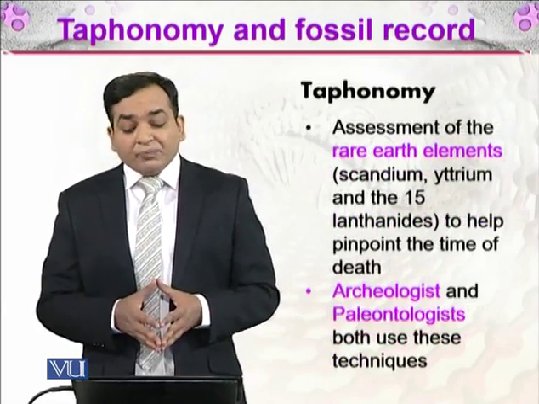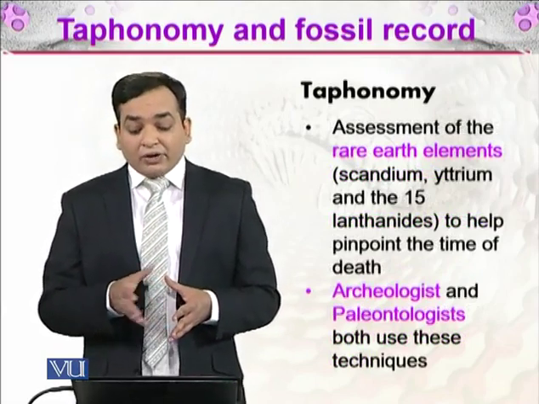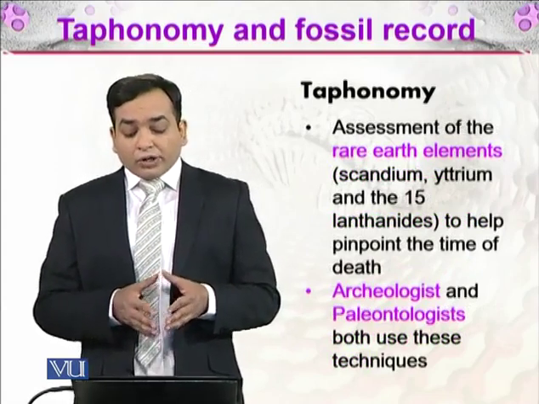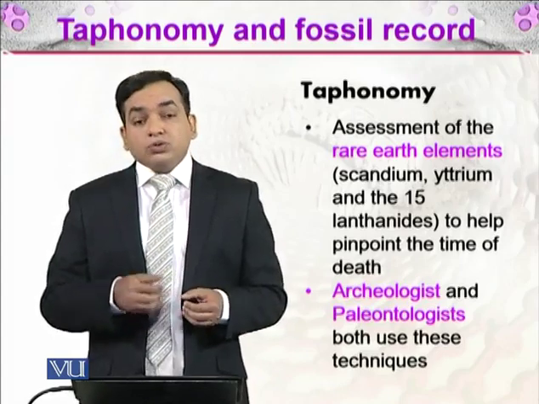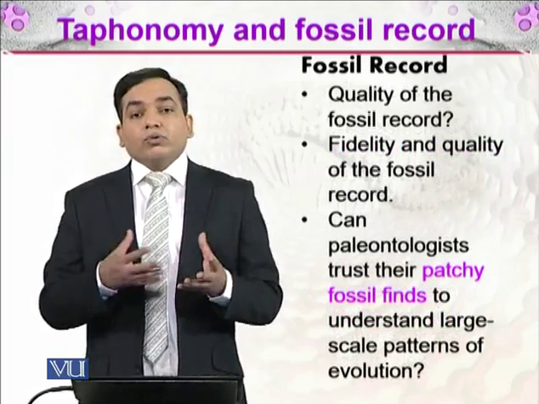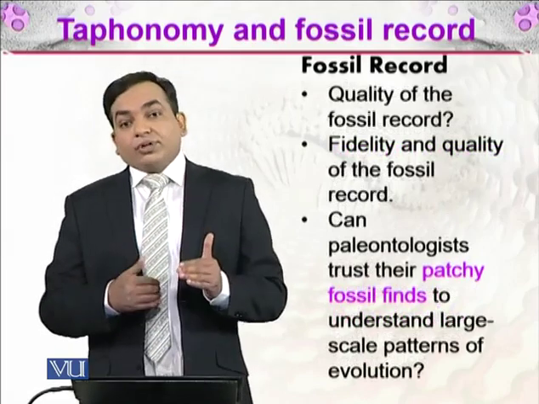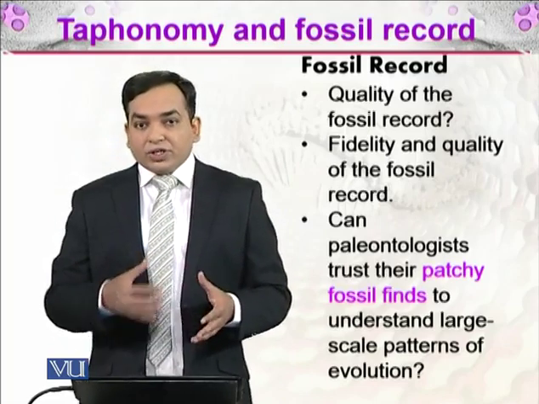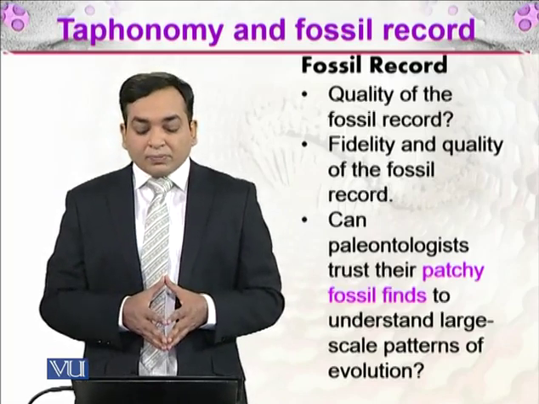They assess the rare earth elements such as scandium, yttrium, and 15 other lanthanides. Archaeologists and paleontologists use these techniques to assess what happened after the organism died and the preservation or fossilization took place.